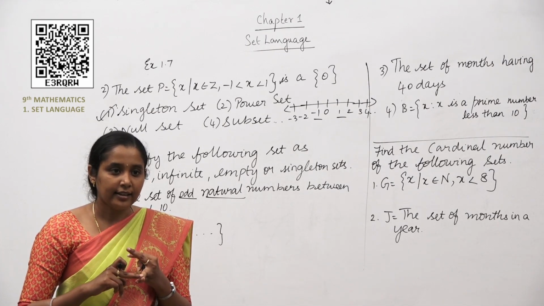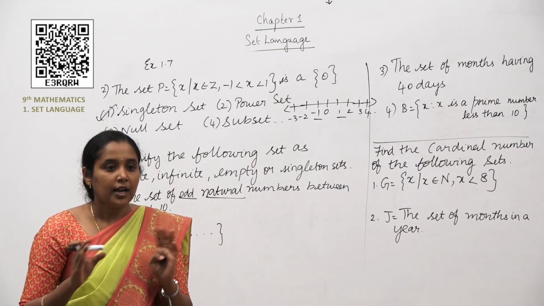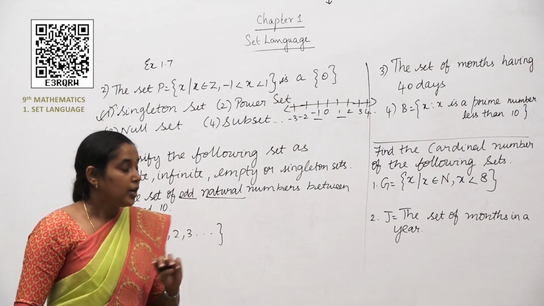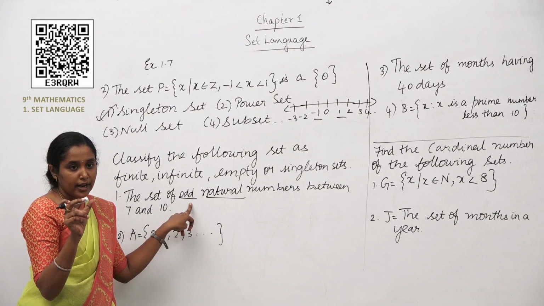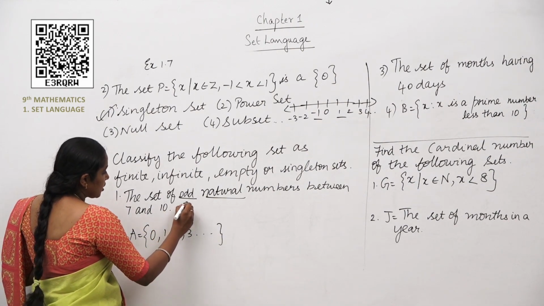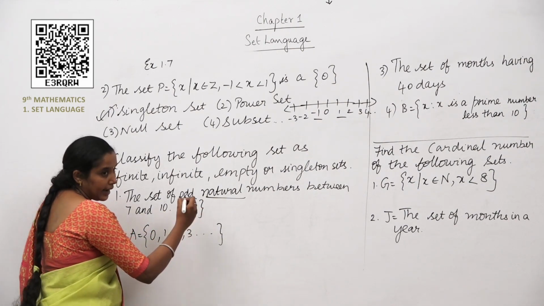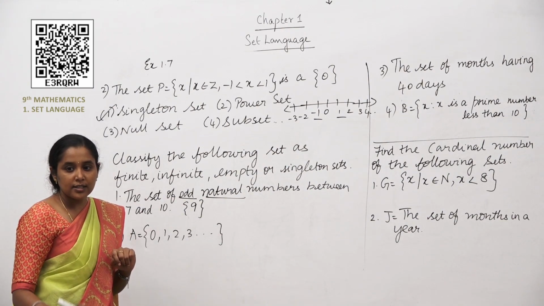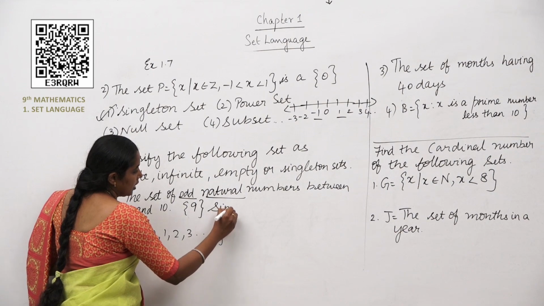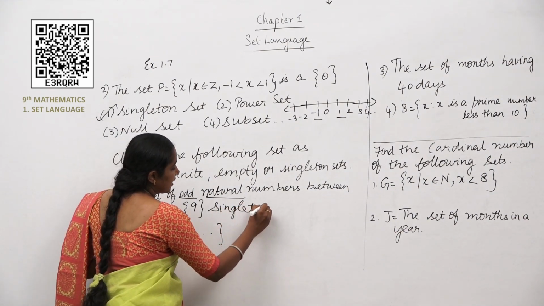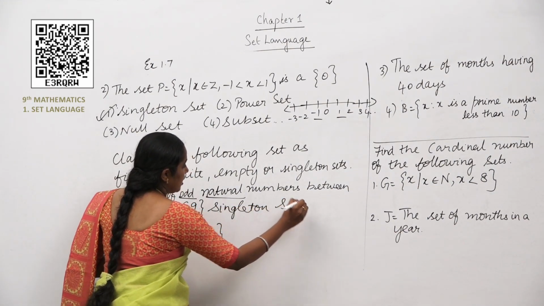They are 8 and 9. Odd natural numbers: the odd natural number will be only 9. What type of set is this? Can you say? Singleton set. Very good.